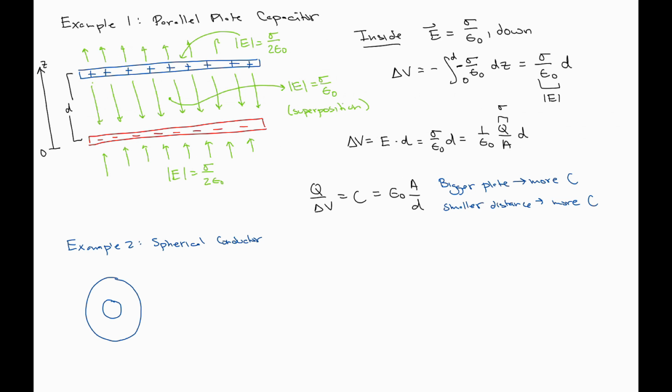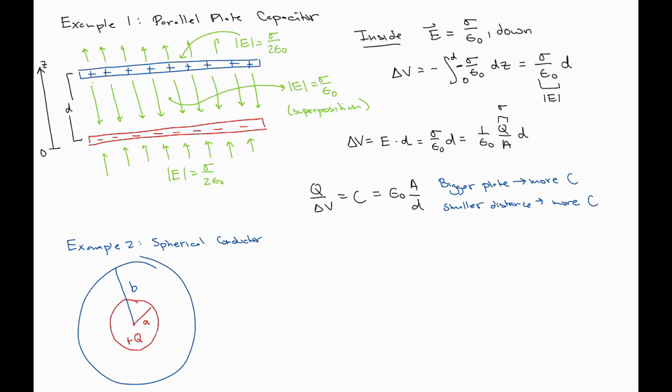Let me draw it a little bigger. We're going to have an inside sphere here. It's going to have a radius A. Our outside sphere here is going to have a radius of B. We'll make the inside sphere have a positive charge of Q, and our outside sphere, or shell really, will have a negative charge of Q.